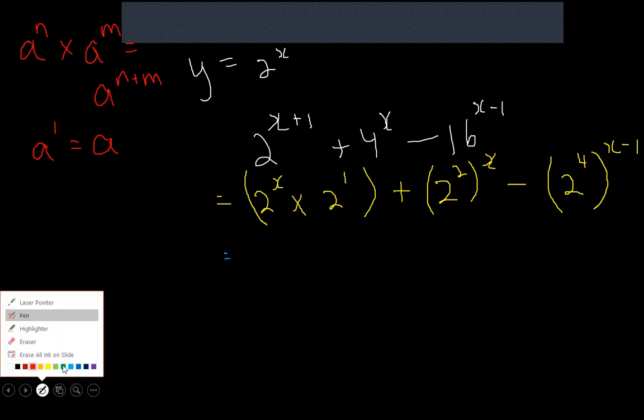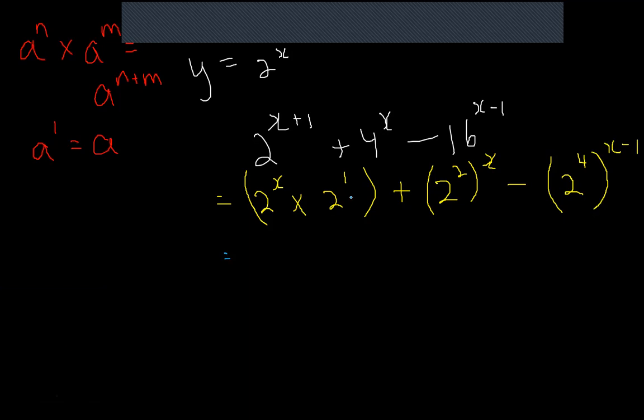So 2 to the power of x multiplied by 2 to the power of 1, I could rewrite that as 2 times 2 to the power of x. Everybody understand how I got this? Yes, no? Okay. Yes, miss.